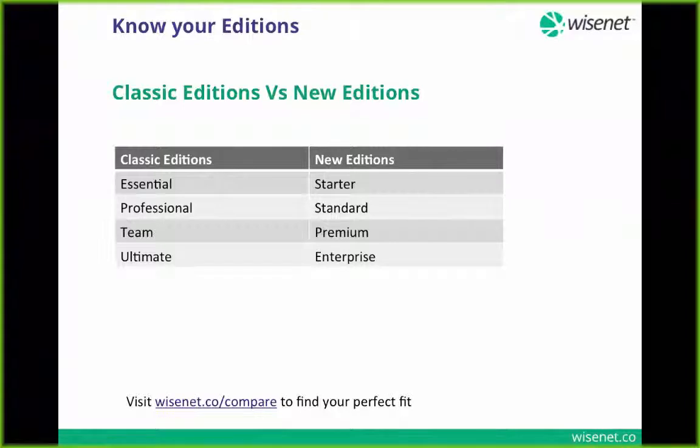If you require the Learncycles and you want to move over to the new edition, then you'll have to be either on the Standard, Premium, or Enterprise. If you go into wisenet.co/compare, you will be able to find the perfect edition for your organization. So do visit our website on wisenet.co/compare to see what best suits your organization if you're not already on one of our new editions.